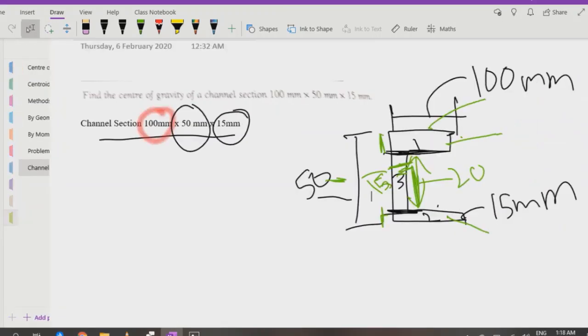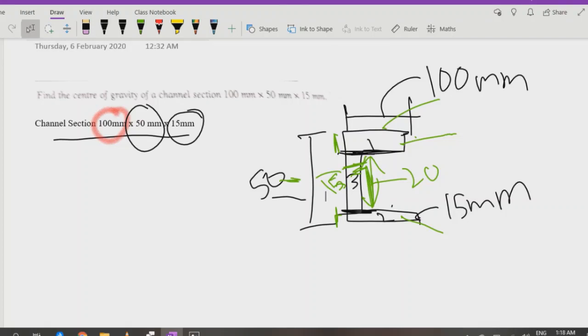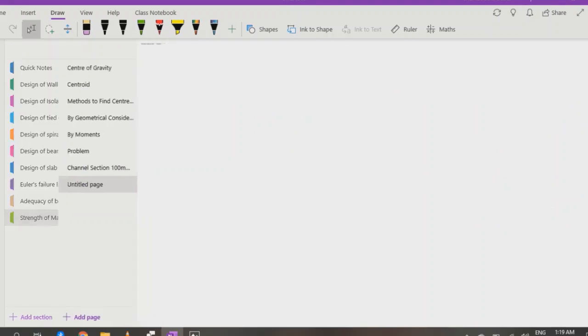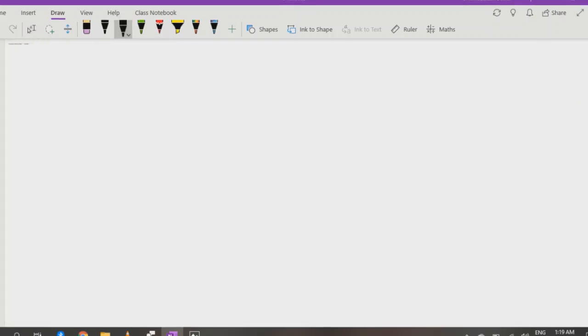Now there are a few concepts that I wanted to give you. If you have been given solid bodies, how will you find out the center of gravity of solid bodies? Think.